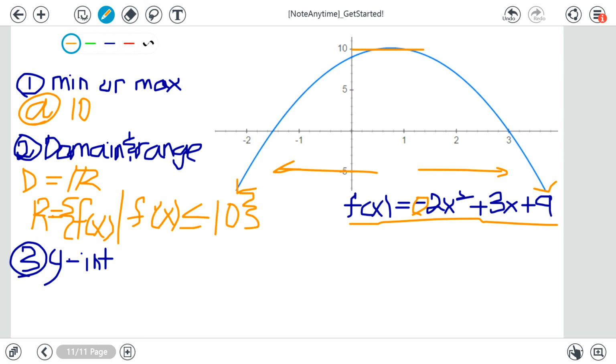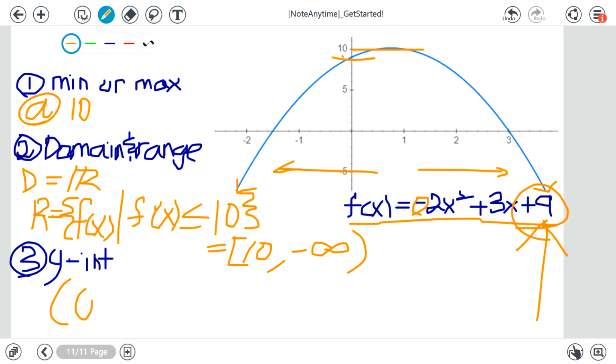Or I would like to write it as including 10, but this time, instead of going to positive infinity, it's going downwards to negative infinity. That little square bracket means it includes that value. The parentheses means not including, because you can't include infinity, no way, no how. Now, the y-intercept, guesstimating, it looks like 9, but I know it's 9 because the ending digit right here is 9. So your y-intercept is (0, 9).